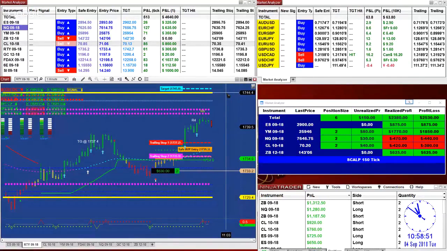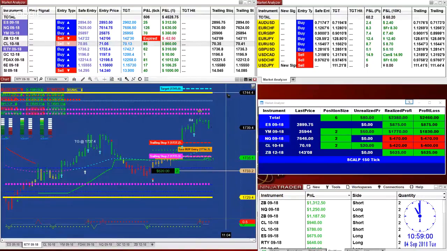In plain English, two guys are trading the same market. One guy is going to walk away on that trade with $1,000. Another guy is going to walk away with $300. The same system, the same instruments. One is trained to trade. One is knowing what he's doing.